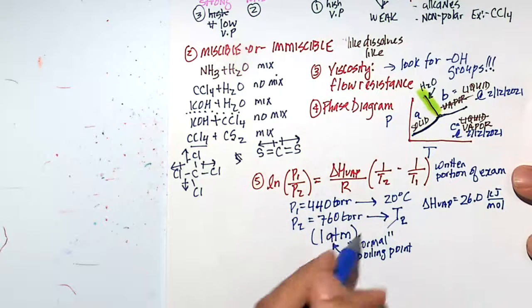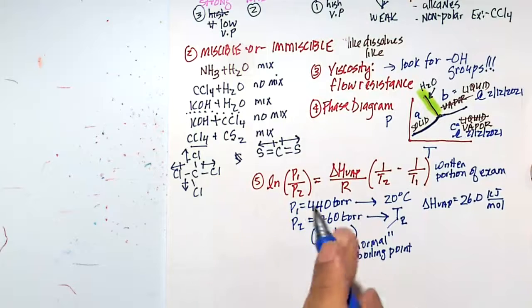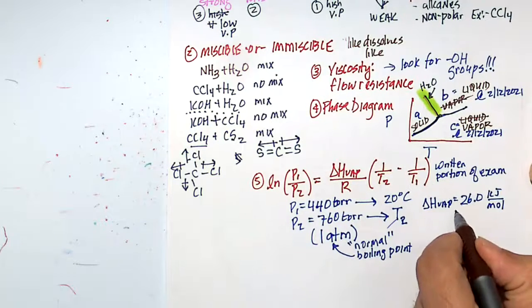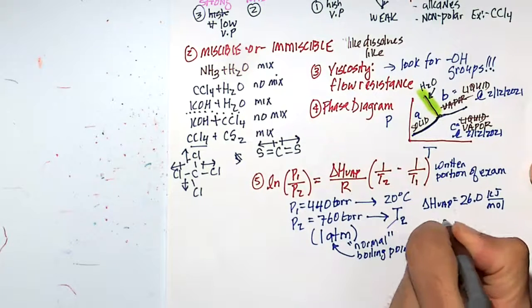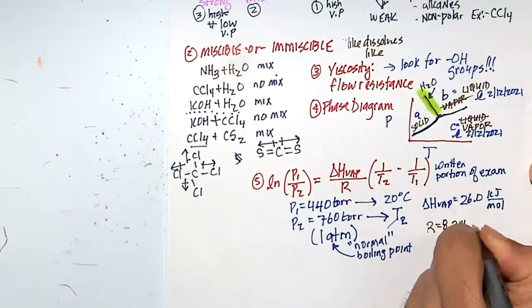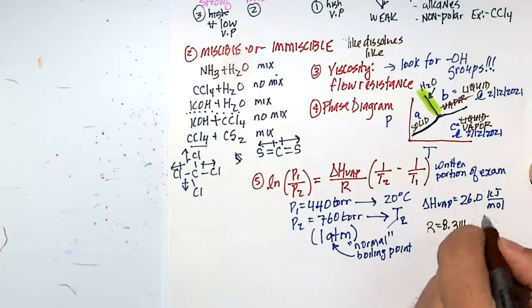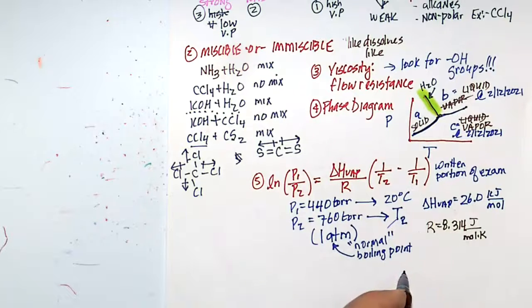All right, if we have time at the end of class, we'll go over this type of problem. One thing I should tell you, I'll give you R, so that constant is given.